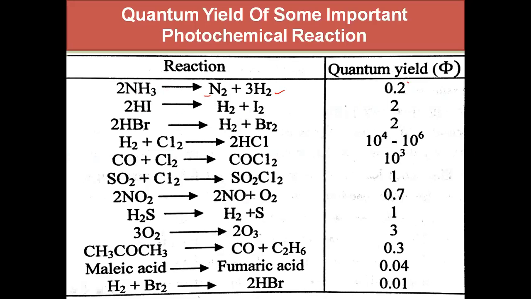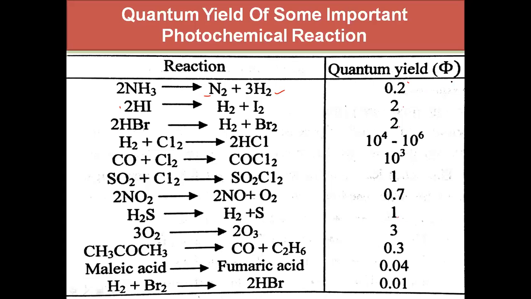The second reaction, HI and HBr decomposition, has a quantum yield of 2. Then SO2 and Cl2, their value is 1. And the H2S breakdown into H2 and S, their value is 1.